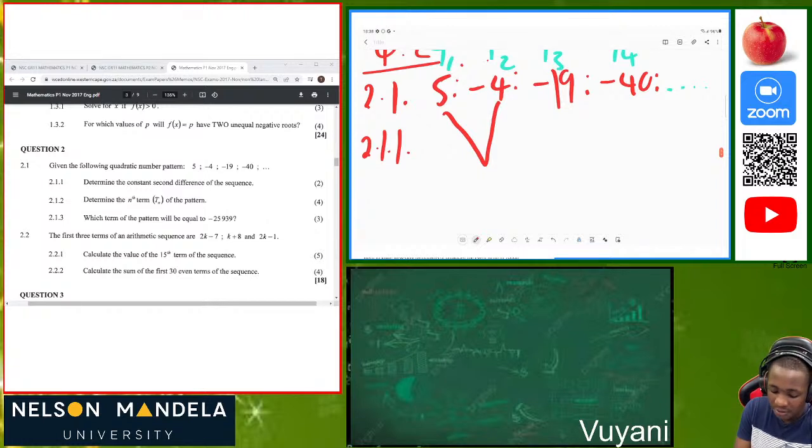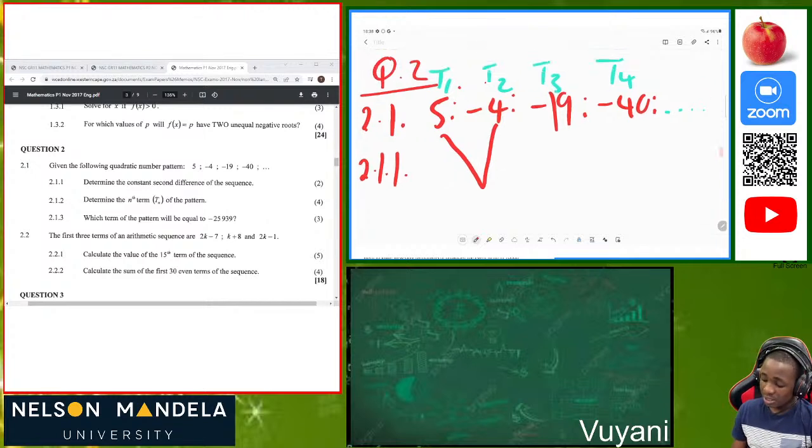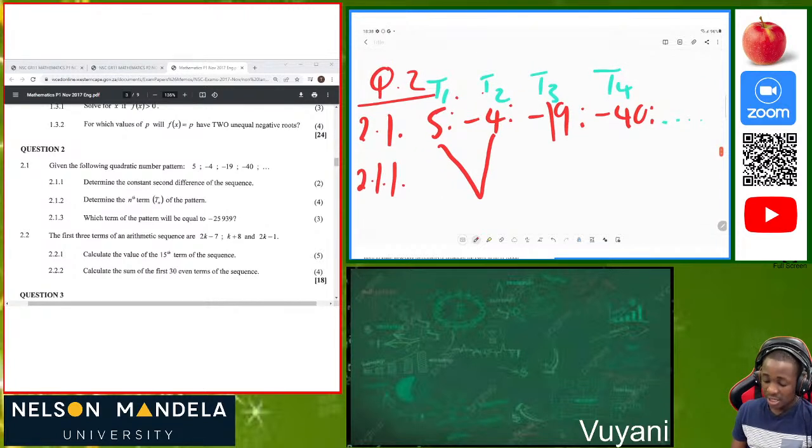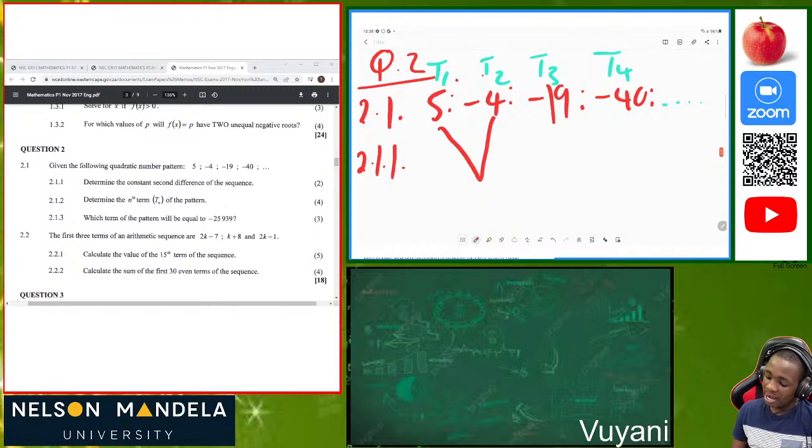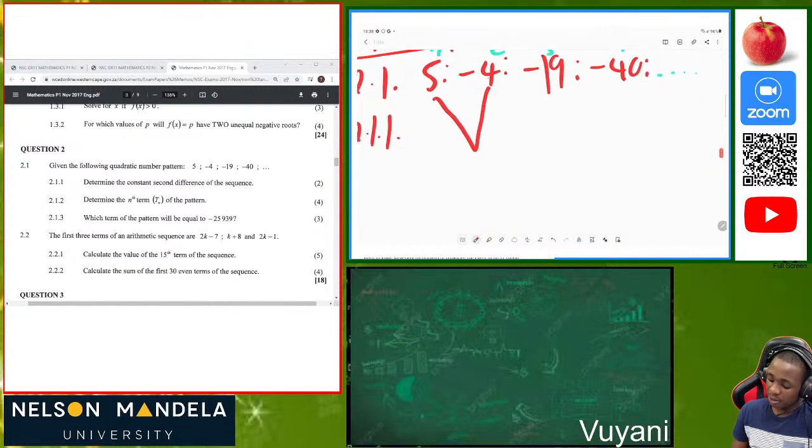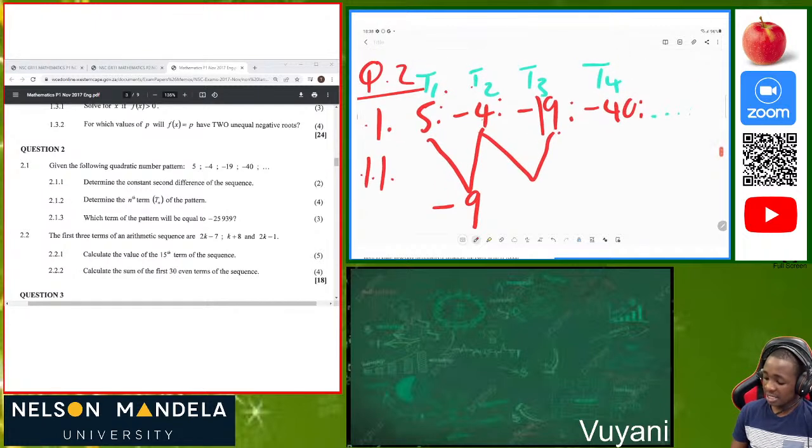So our constant difference, we will say t2 minus t1, so -4 minus 5. Then we know according to our maths it's gonna give us -9. Then now here t3 minus t2, -19 minus 4.